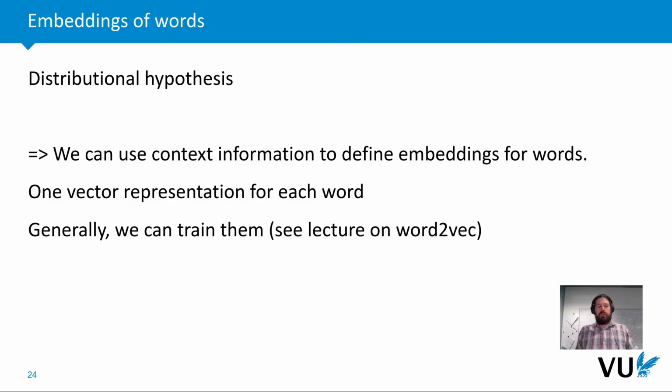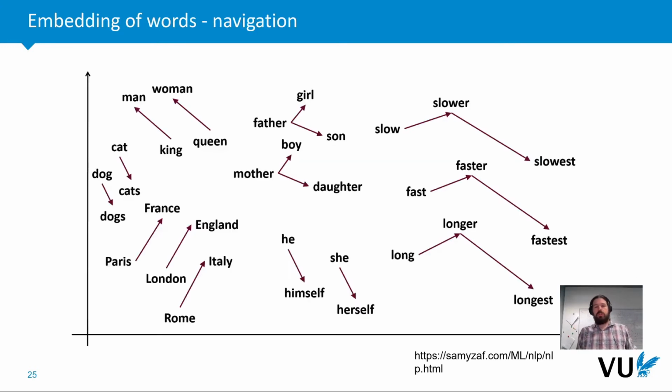Okay, so now we have had images, we've had words, and also here, just as with images, we have a notion of navigating through space. This example is not really realistic, but still it illustrates the idea. If we have a certain concept, like for example king, then if you navigate a certain direction in space, you would end up with a representation for the word man.